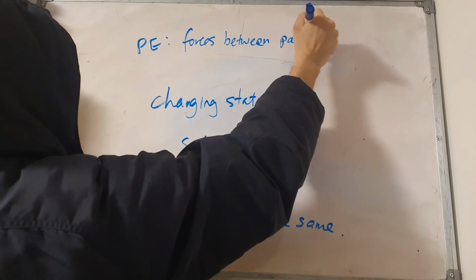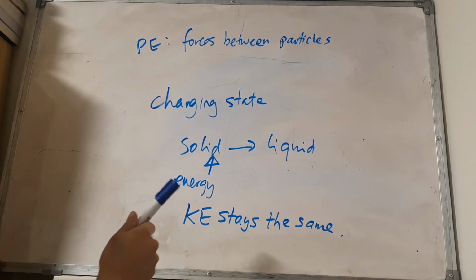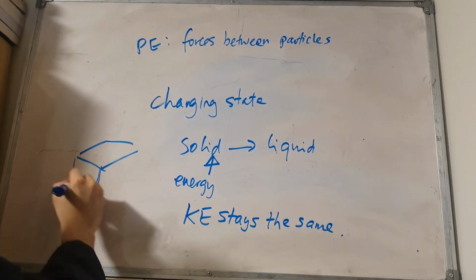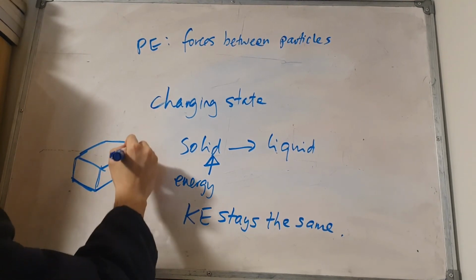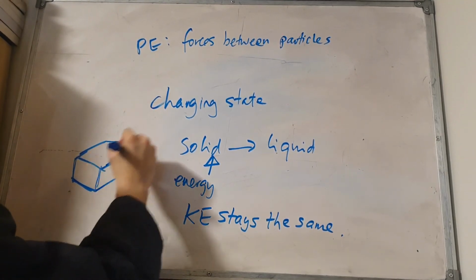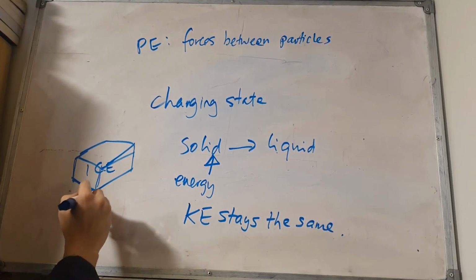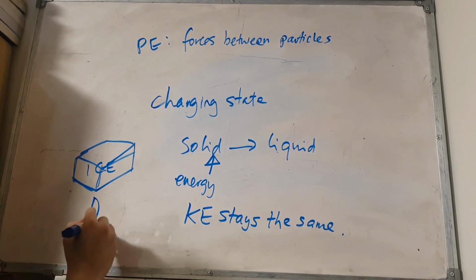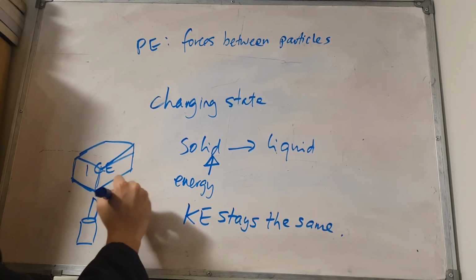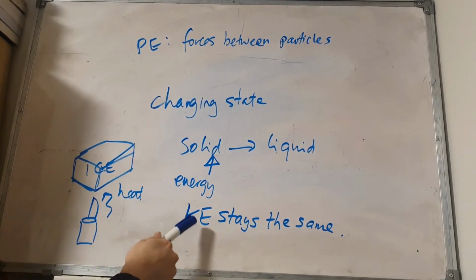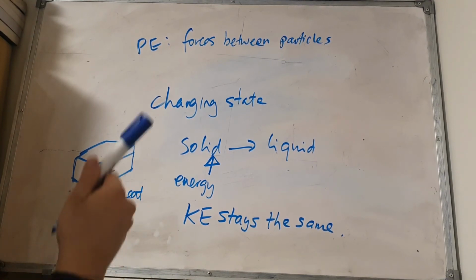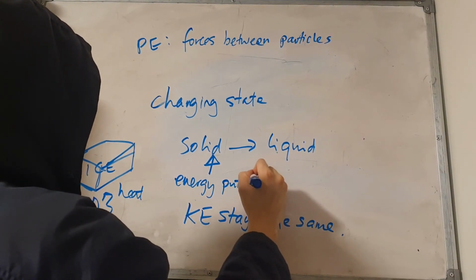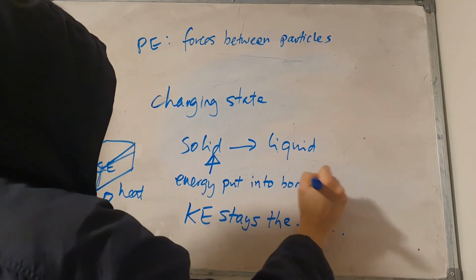When you're adding energy to the solid, let's just say that this is solid ice, and this is a Bunsen burner giving heat, the kinetic energy stays the same, so you're putting energy into the bonds to be broken.